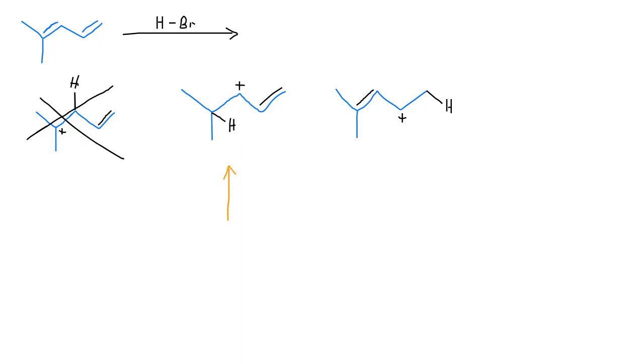And then of course we have resonance. In the case of resonance, I can have the double bond shift over to here, and that would put the positive charge here on the primary position.